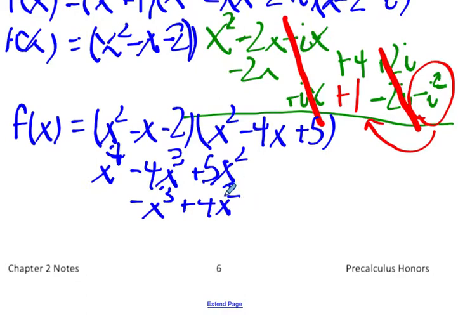And then negative x times 5 would be minus 5x.